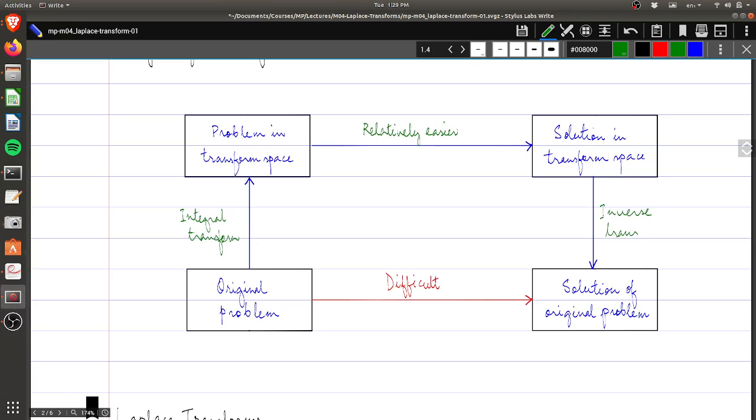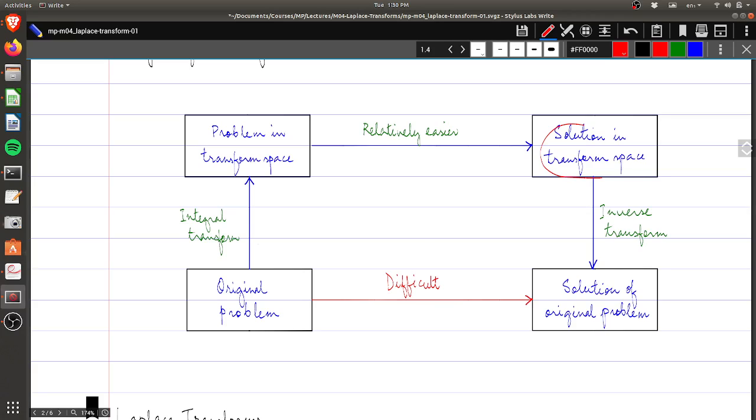Essentially, we go from the original problem, use an integral transform to get to the problem in the transform space, and through a relatively easier method, find the solution in the transform space. Once you have found it, you take the inverse transform, and that gives us the solution to the original problem.